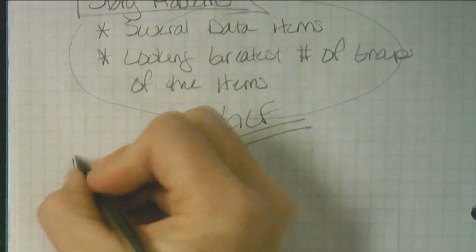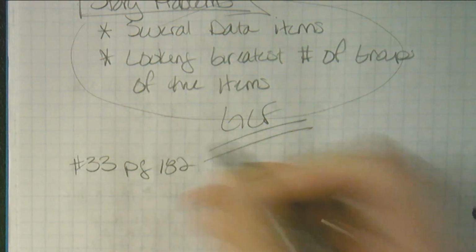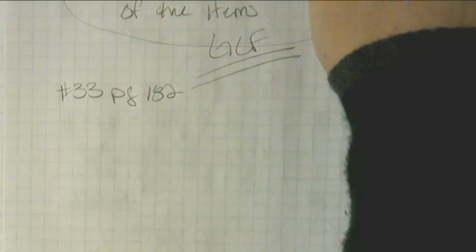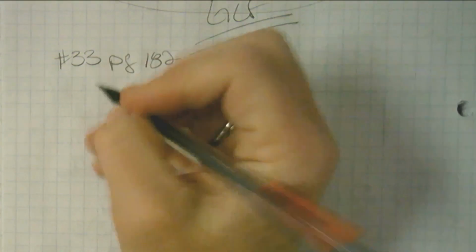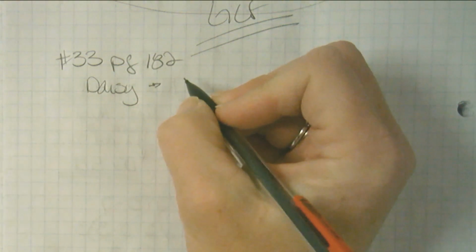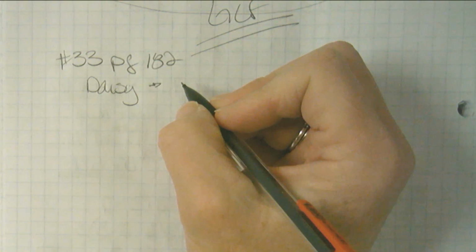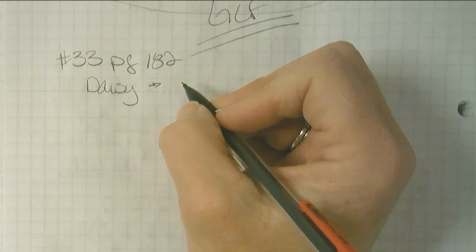All right, so let's take a look at number 33 from page 182. All right, even if you got this right, you're all doing this. AJ, sit up. Even if you got this right, you're all doing this. All right, so we have daisies, and we are counting by sevens, so 56 plus 7 is 63.